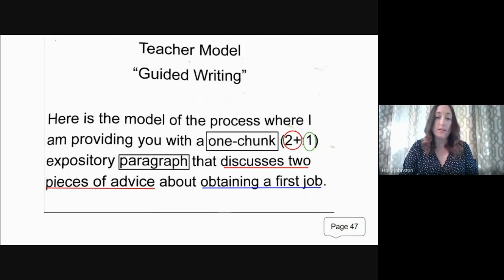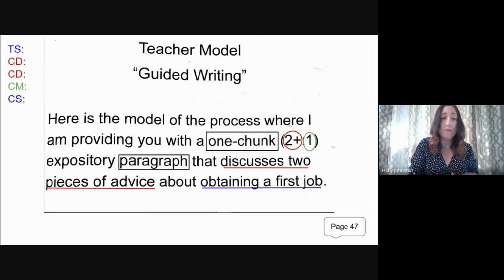So our next piece is to outline our paragraph so we, as the learner or the writer, can write this piece. We know that we're going to have a topic sentence because it's a paragraph, so we're going to put that at the top.